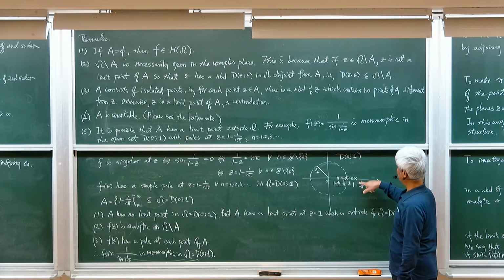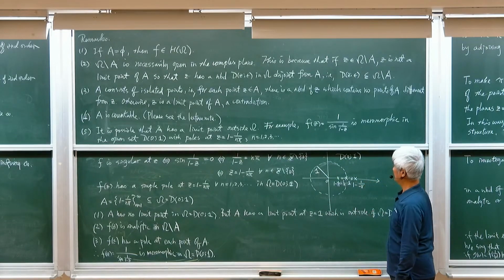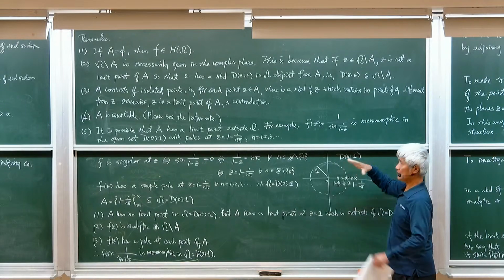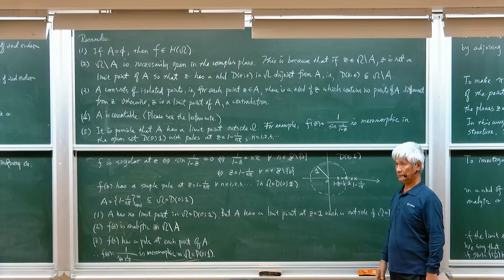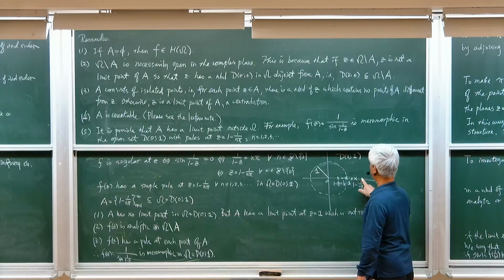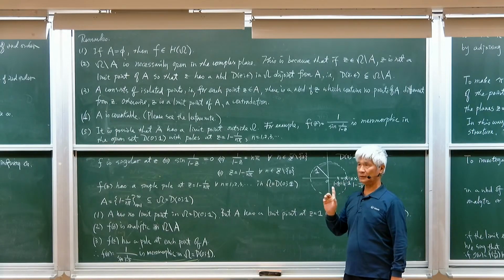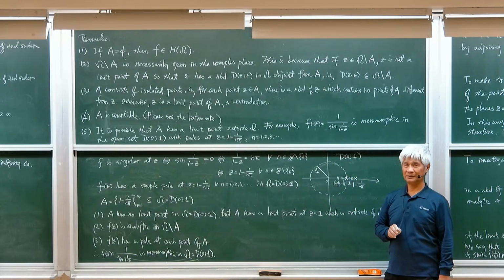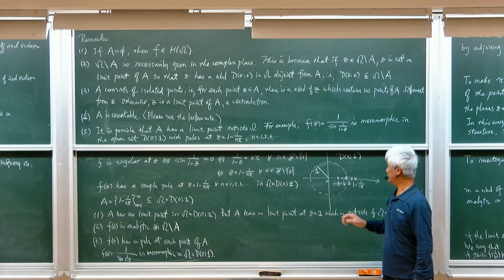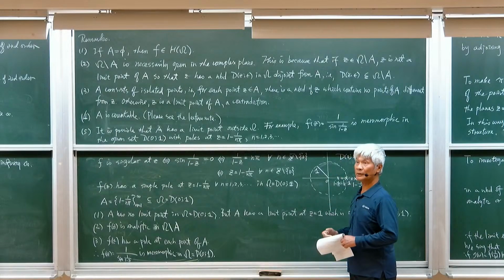If we consider the omega set to be the whole complex plane, then you can see that you will have a lot more poles there, and the pole set will have a limit point there, and in that case, this function will not be meromorphic.